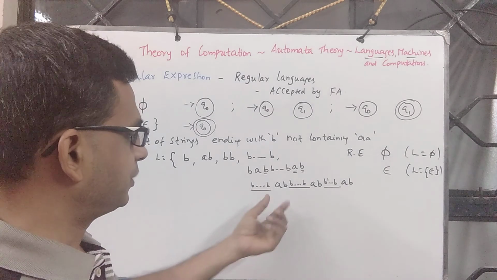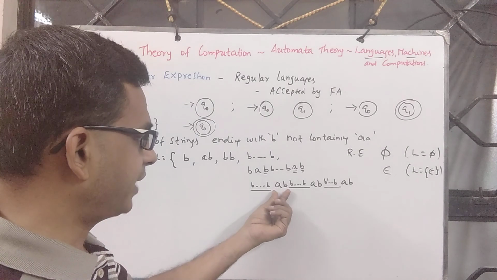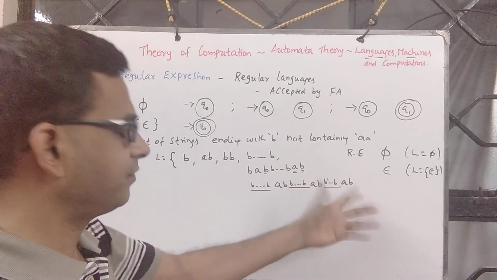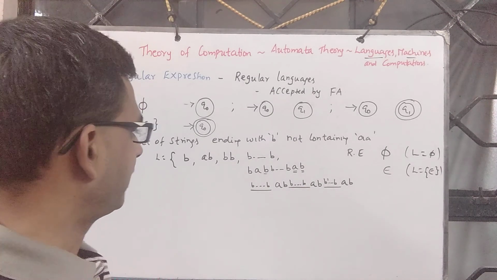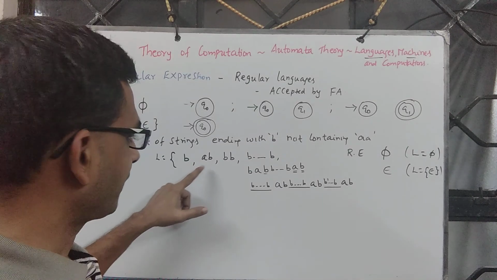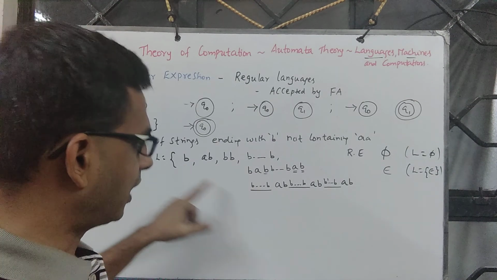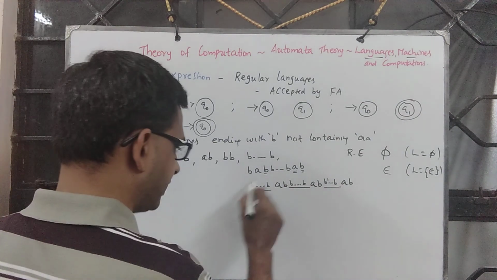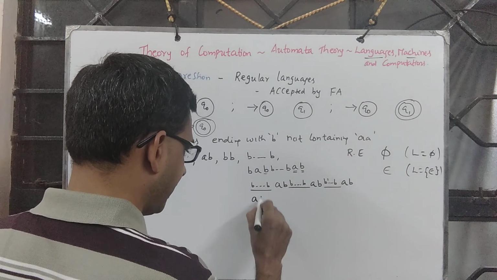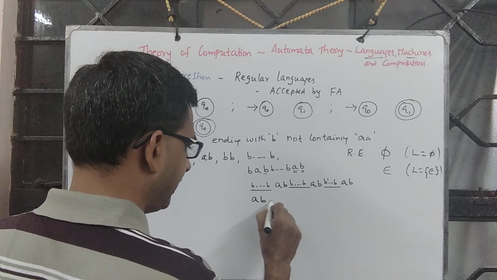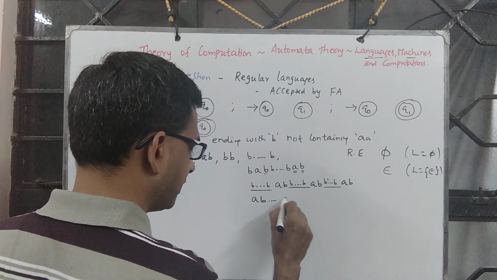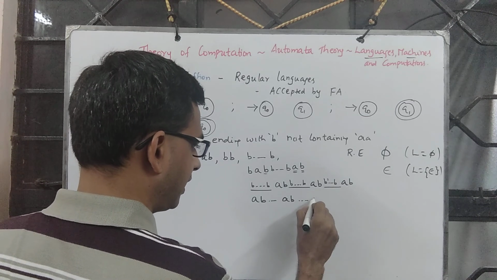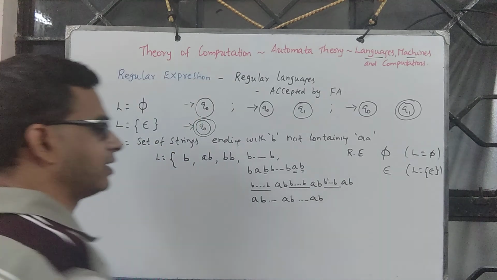So when you have AB at multiple places, in between you can have B's. It could be just AB, it could be just B, or it will have a pattern like this. Of course, it can even begin with AB followed by some number of B's, then AB, followed by some number of B's, and if required, another AB.